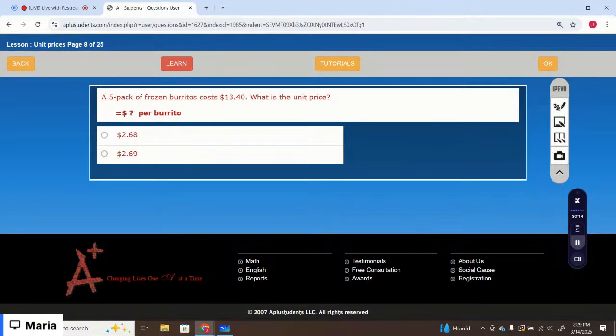So which is the correct option? That is 2.68. Option number 1 is the correct option.